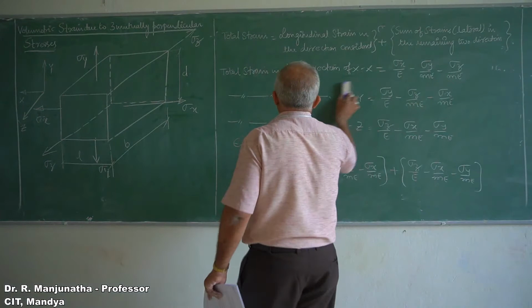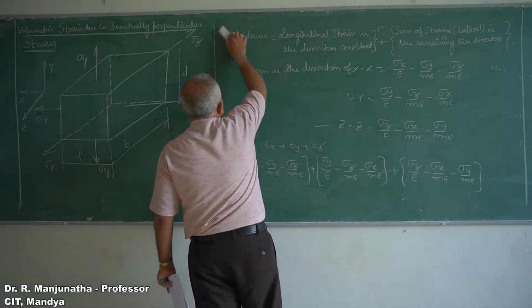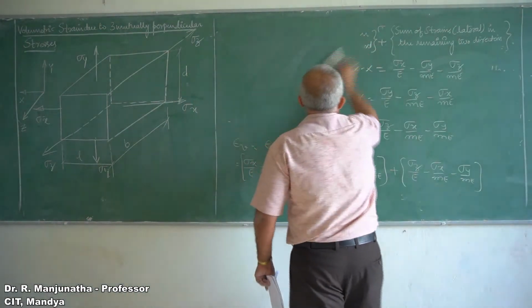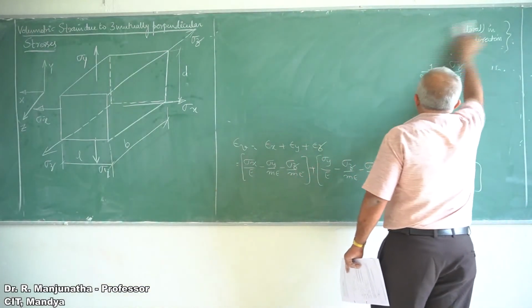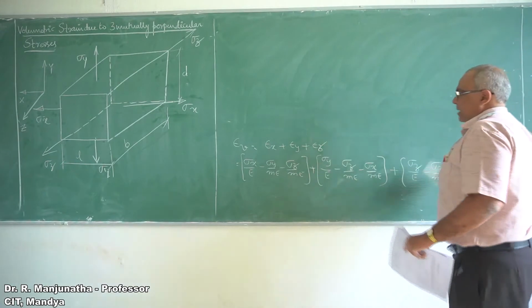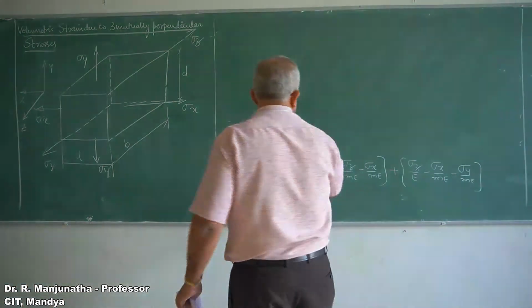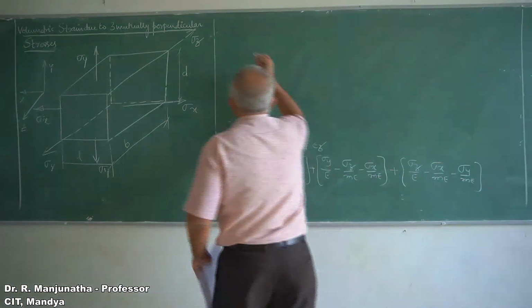Now we need to simplify this. So what we have, the total sum: we know epsilon x, epsilon y and epsilon z are all positive.